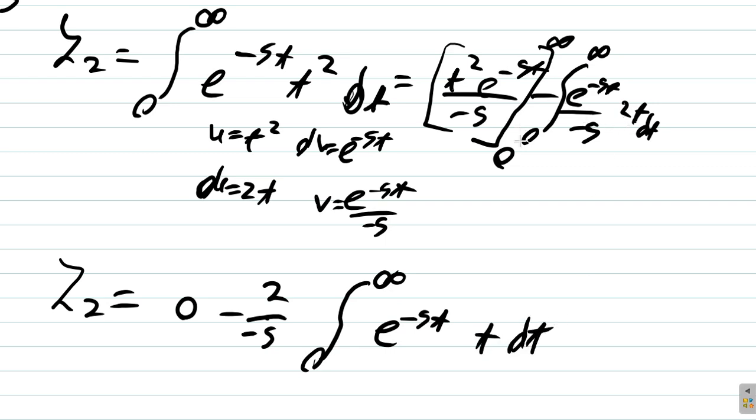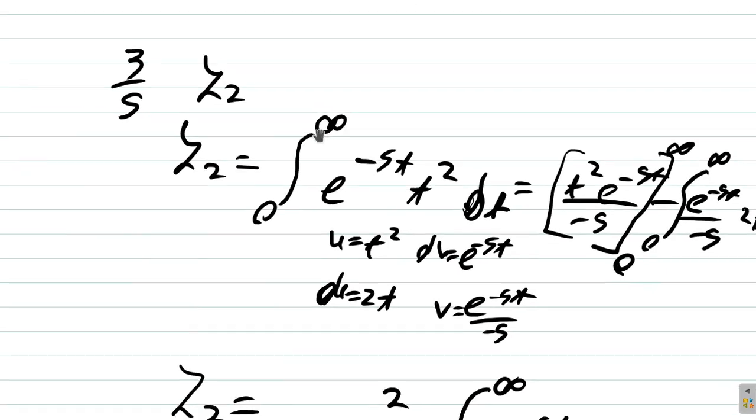Hope you're following. We're going a bit fast here. Now, these two negatives cancel out. So what you really get is a positive 2 over s, integral from 0 to infinity of e to the negative st times t.